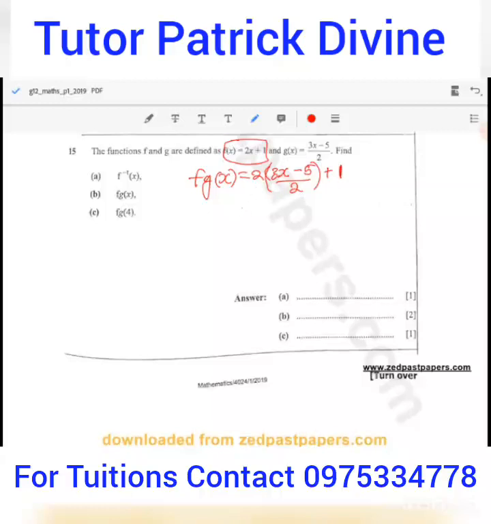Now you can continue solving this. This is going to be 2 multiplied by everything that is inside. So 2 times 3 is 6x, minus 2 times 5, that is 10, over 2. Then there's plus 1 here.